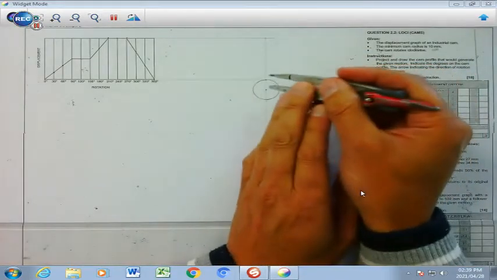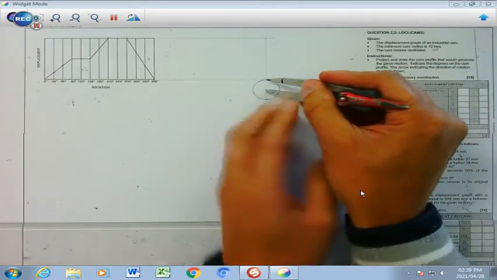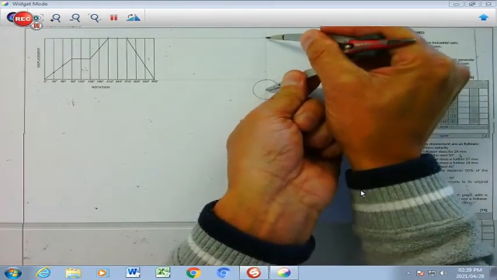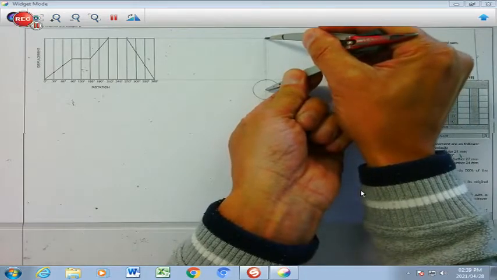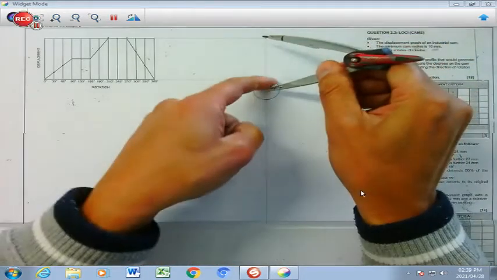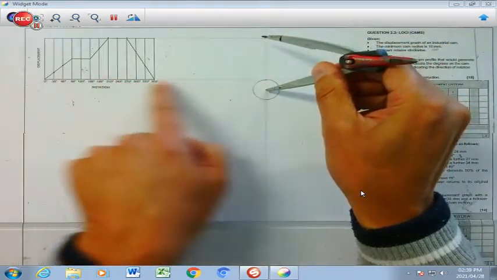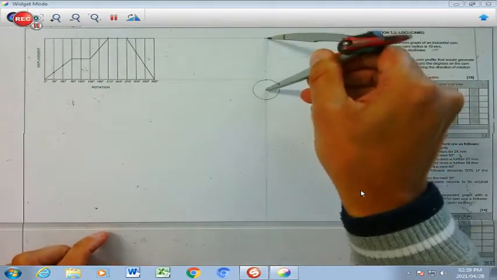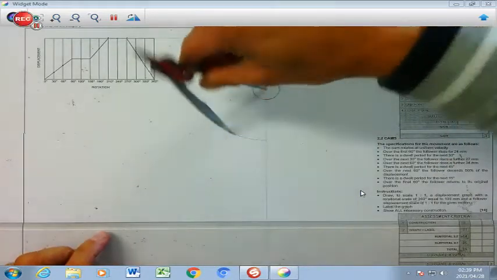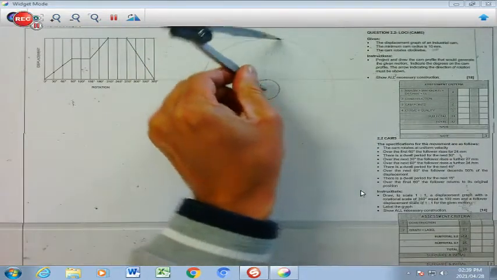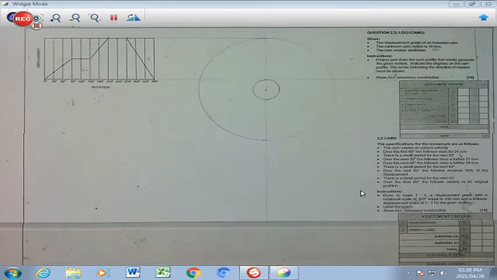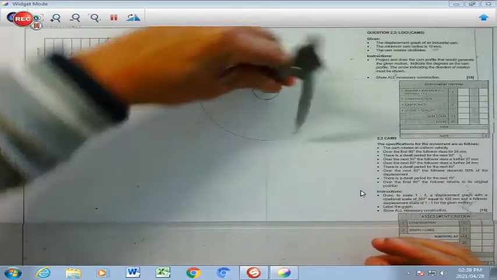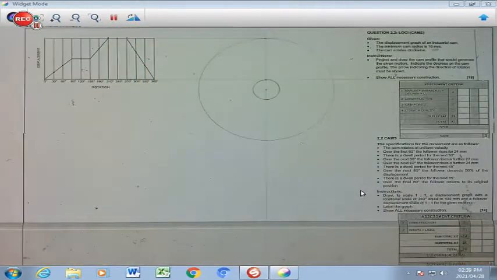So I'm going to take my compass on the same point, open it up to that specific point over there, which is my maximum radius. My minimum radius is because this is my minimum point of my cam displacement diagram. That's my maximum point. And then I'm going to draw a circle like that there. Of course, very faint, just to go over it so that you can see.